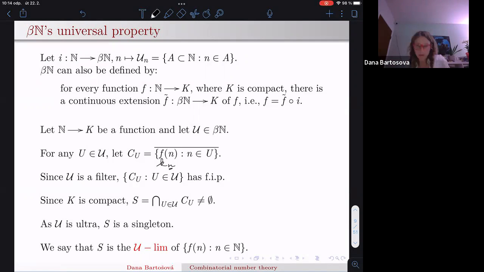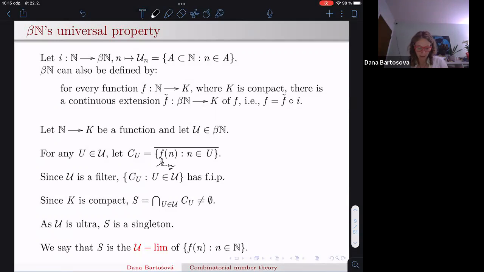Well, now, because K is compact, we said that the finite intersection property tells me that the whole family has to have a non-empty intersection. And it is straightforward to verify that because we have a maximal filter, then this intersection is going to be just a single point.